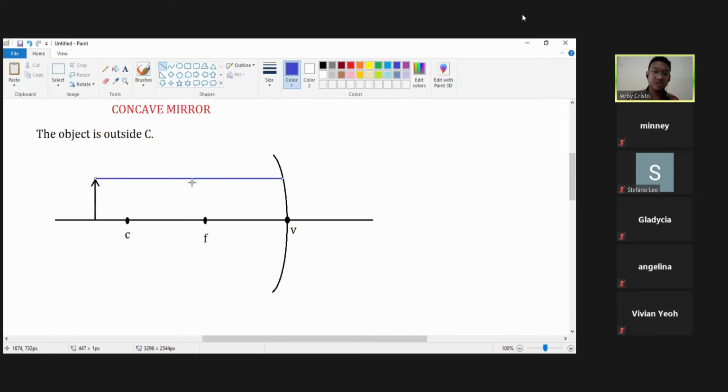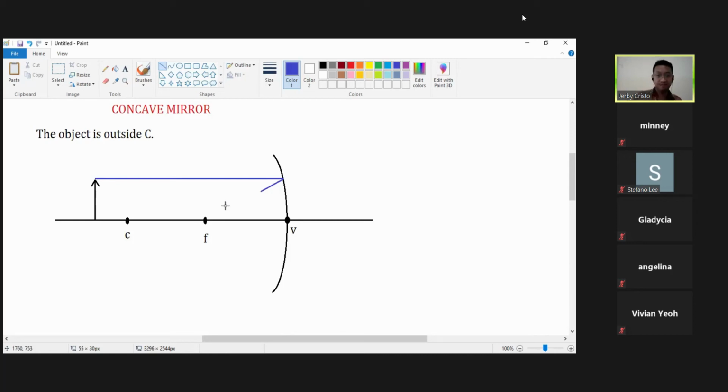Make sure this line is parallel to the principal axis. Then the reflected ray will bounce.